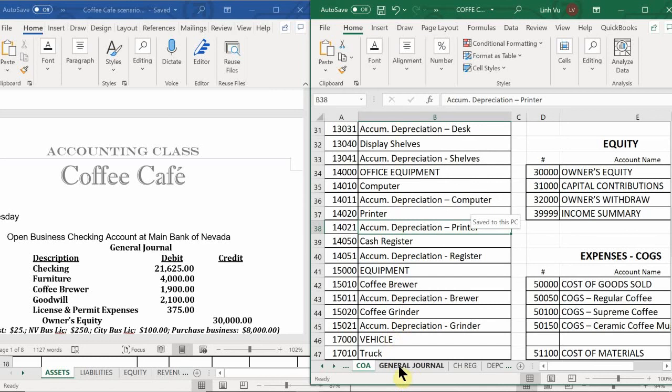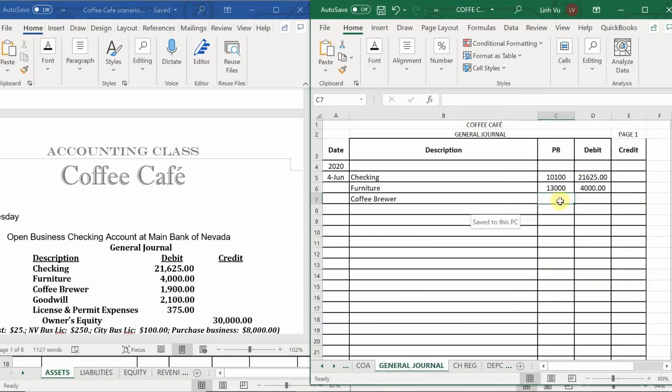Yes, 15010. Coffee brewer, 15010. And this time I bought the coffee brewer, which was worth 1,900. So I acquired another fixed asset, so I'm increasing my assets by 1,900.